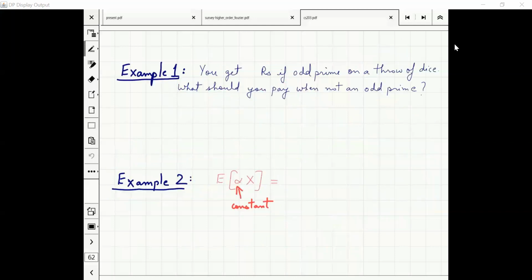So let's just do a few examples and then I will stop the class. Okay, so let's say you get 1 rupee if you get an odd prime on a throw of dice. What should you pay when not an odd prime?